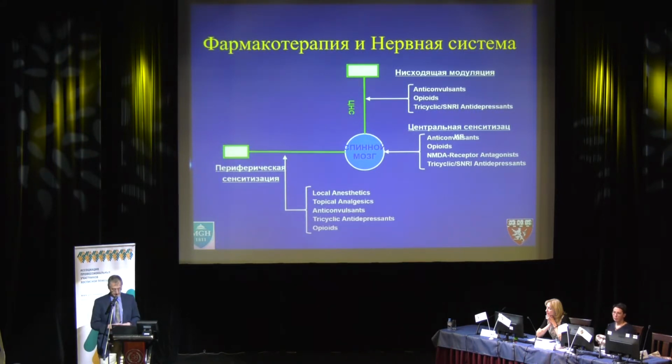So a diagram, I think this is fairly similar to what you saw in the previous hour, showing the medications that we typically use and the targets of those medications. So you see opioids have their effect both in the central nervous system and in the peripheral nervous system.